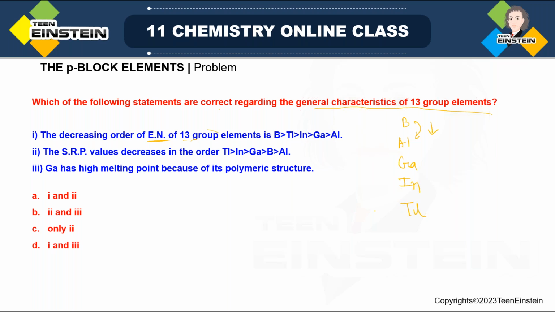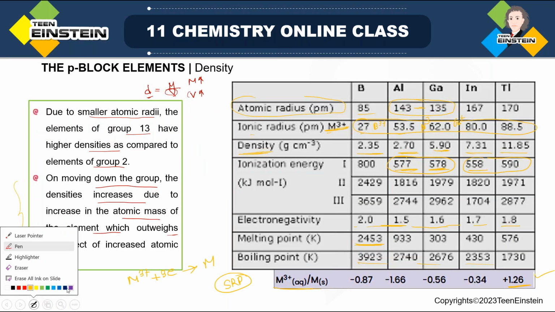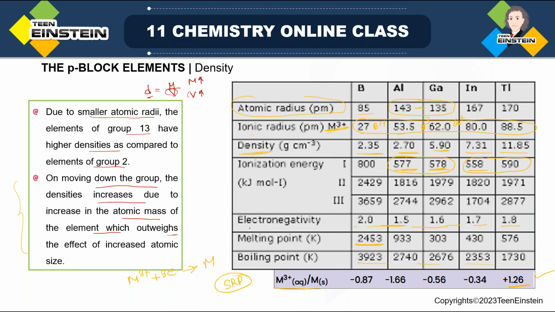So for the maximum value, just have a look at the previous slide. The maximum value is for boron, right? After boron, it is Tl. Then indium, gallium, aluminium. So aluminium is at last.